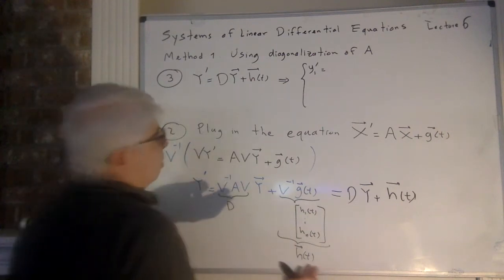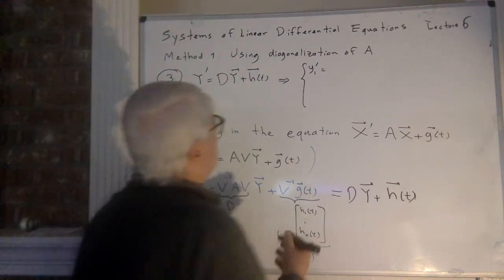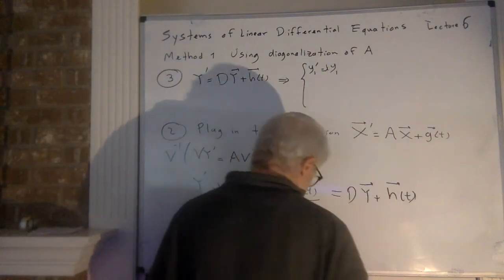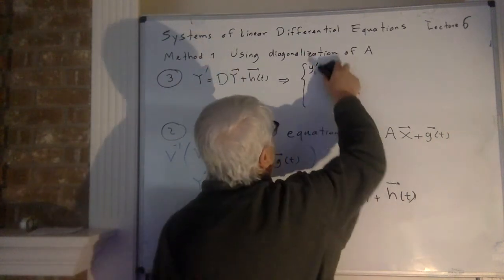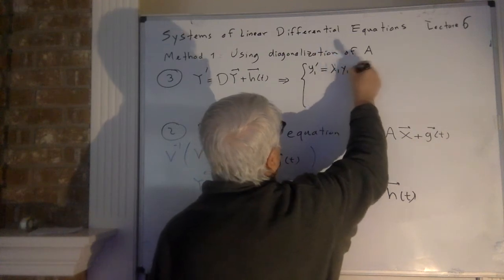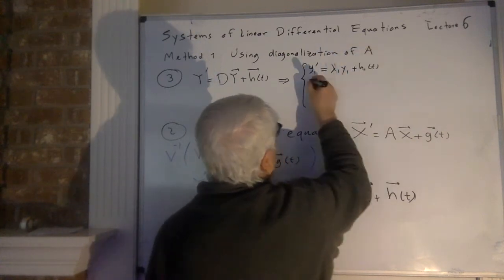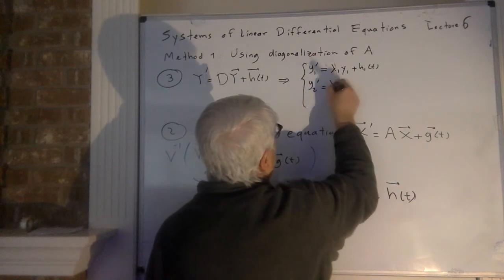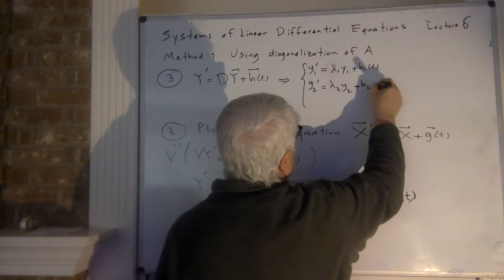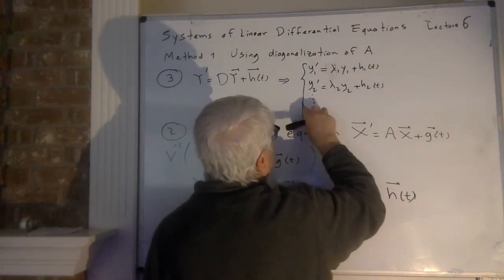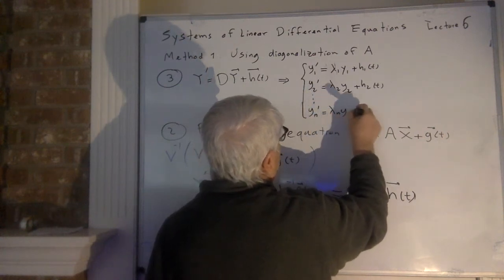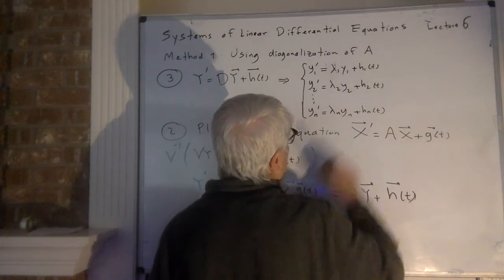So I get y1 prime equals lambda 1 y1 plus h1(t), y2 prime equals lambda 2 y2 plus h2(t), up to yn prime equals lambda n yn plus hn(t).